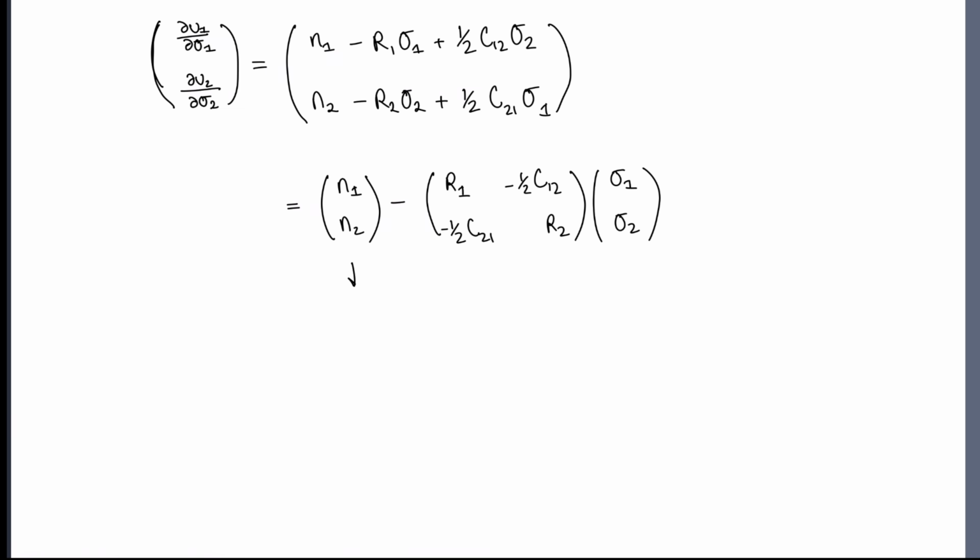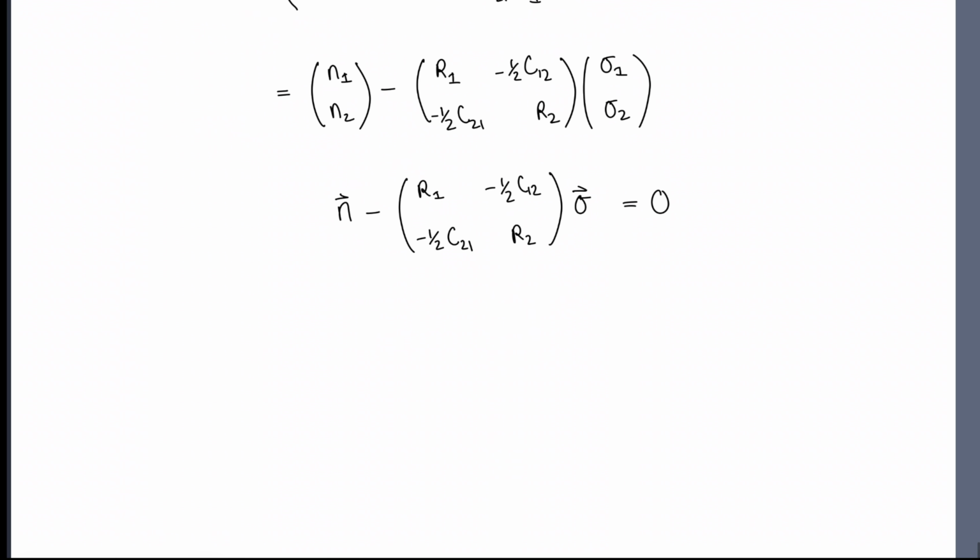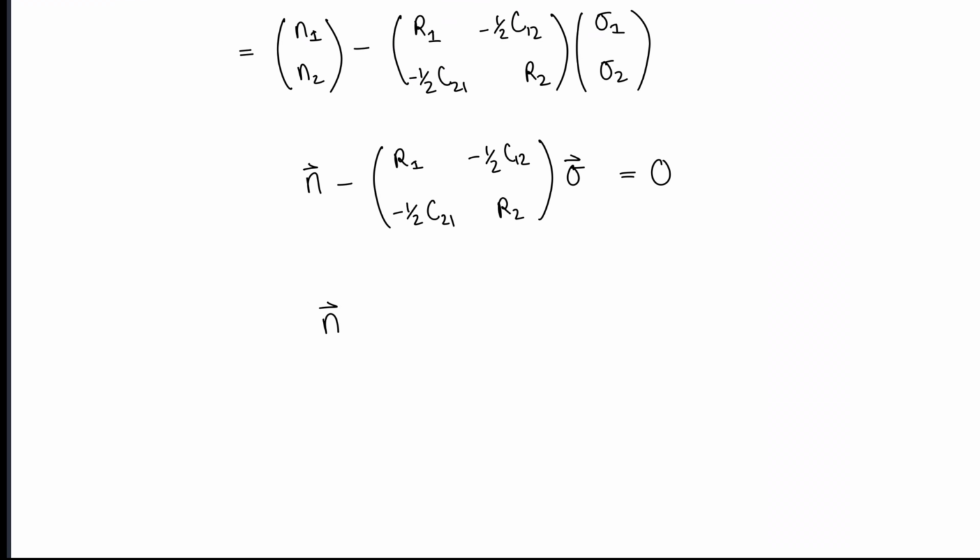And now this is simply the vector eta, and we have this matrix, and then this is simply the vector sigma, and this is going to be equal to 0 because the first order conditions are always equal to 0. So we can rewrite this as the vector eta is equal to the matrix R1, a half C12, a half C21, R2, and then the vector sigma.